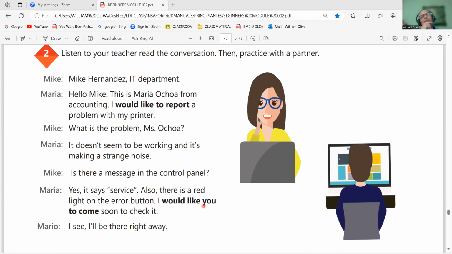Questions about this vocabulary, this dialogue? Everything okay, right? In this dialogue, we have an example of how to report problems at work. Page 44. We have a reading.